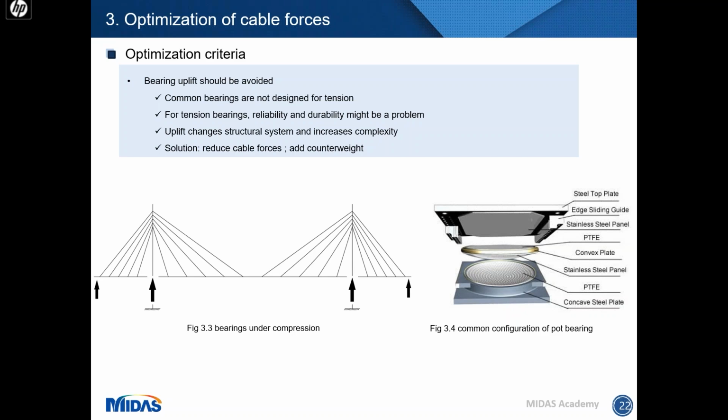So for all bridges I designed, I made all bearings in compression. If we found some bearings in tension or uplift, we can reduce cable forces near the bearing, so that will let more self-weight go into the bearing, or we can add a counterweight.